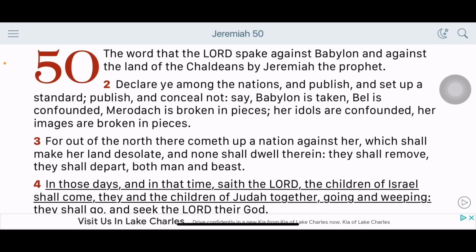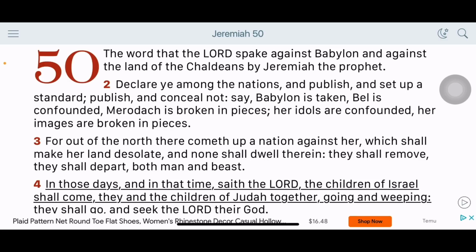They shall remove, and they shall depart, both man and beast. So it says Babylon is confounded, Babylon is broken in pieces, her idols are broken, etc. But then it says a nation comes against Babylon out of the north. So something's even further north of Babylon. A nation comes against Babylon, and it says that nation shall leave Babylon desolate.